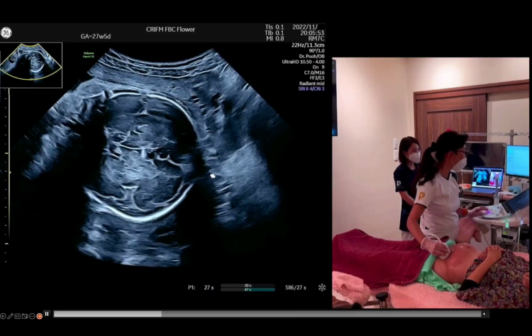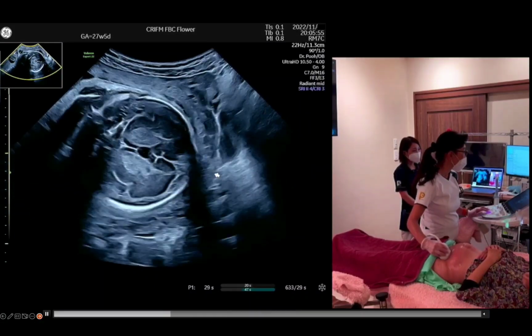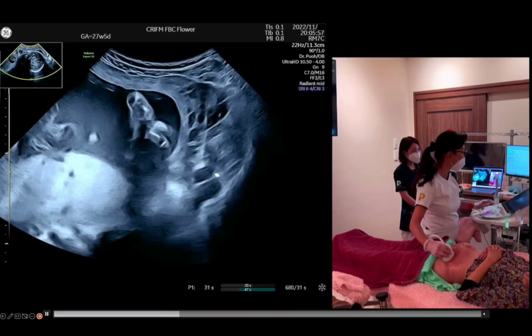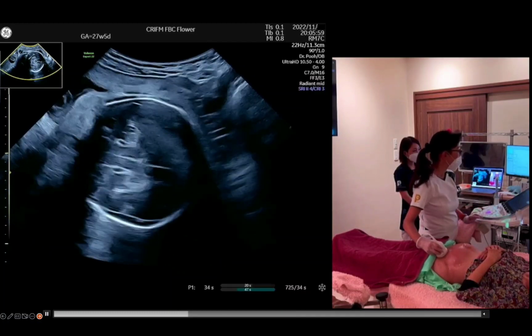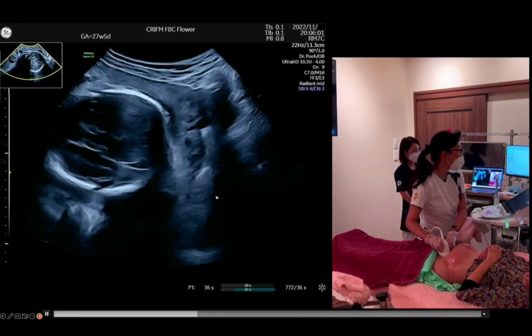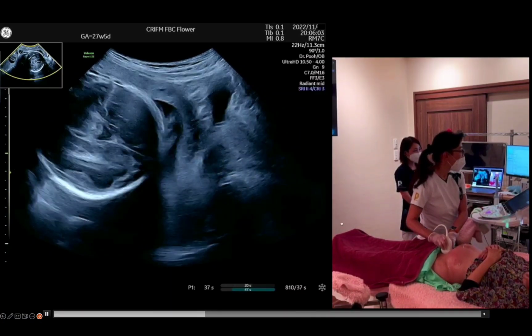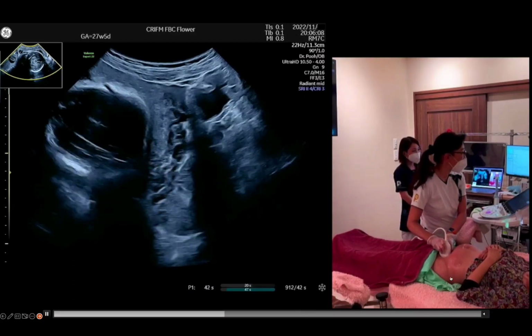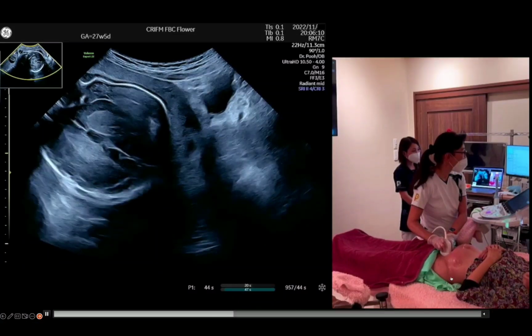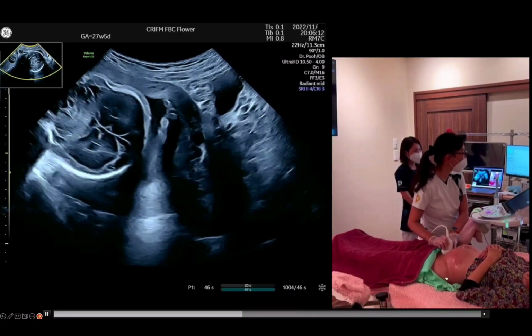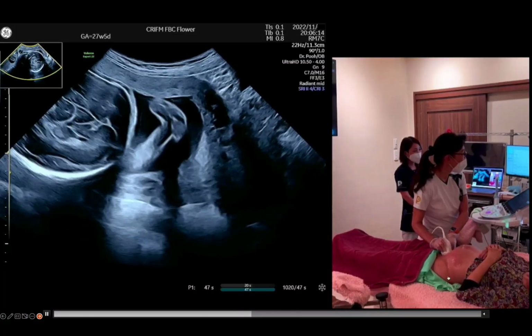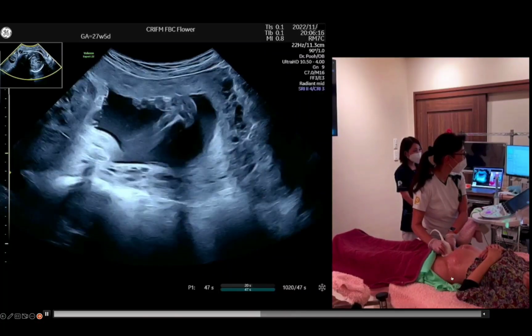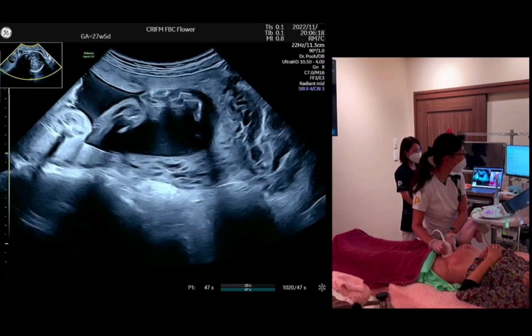In this case, it seems to be impossible to scan via the anterior fontanelle because the anterior fontanelle is here on the top of the head. In this case, I use my left hand with my right hand holding the transducer, push up and float the fetal head, creating the amniotic cavity over the top of the fetal head.